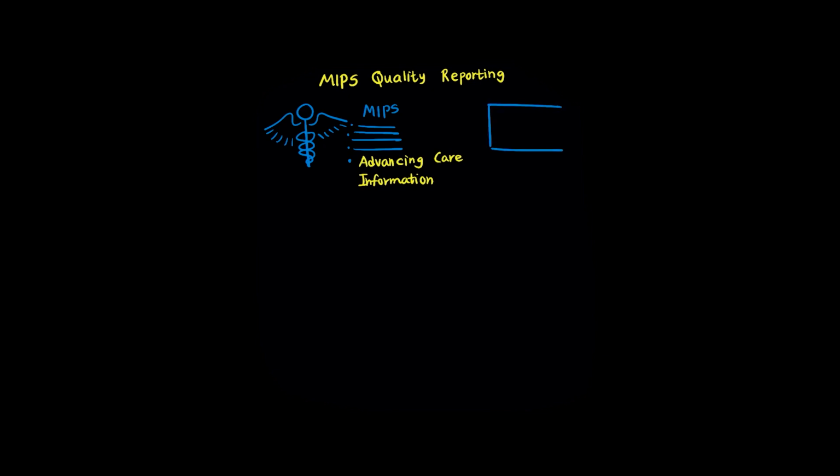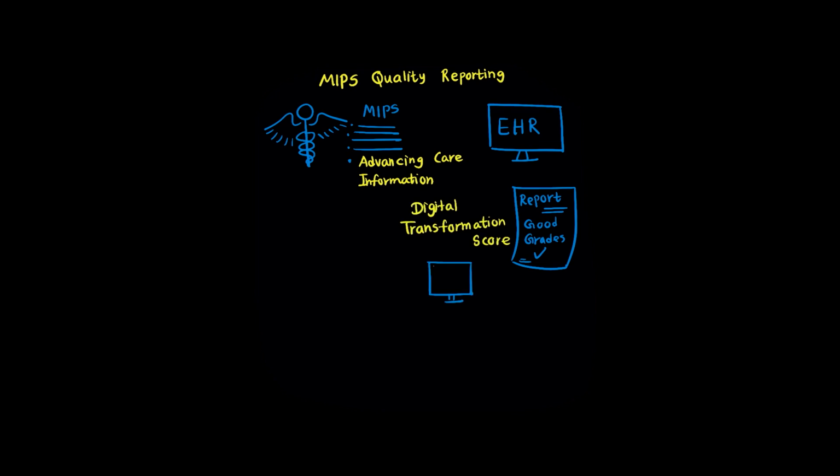Quality reporting under MIPS determines how Medicare pays providers. It's not about cost-cutting or marketing metrics. Staff satisfaction doesn't count either. The key category is advancing care information. It measures how meaningfully providers use certified EHR technology. Think of it as a report card for digital transformation. Are you using technology to actually improve patient care?